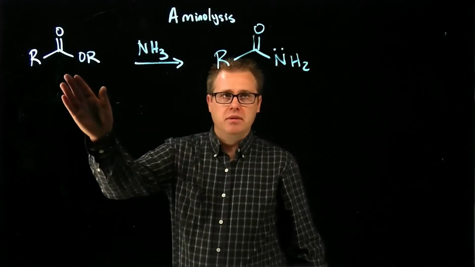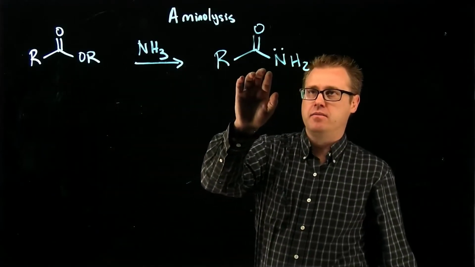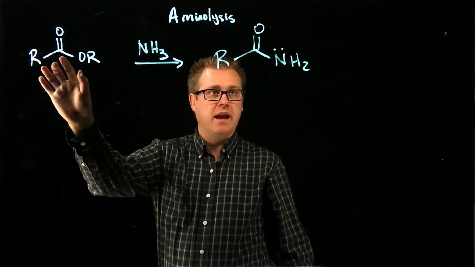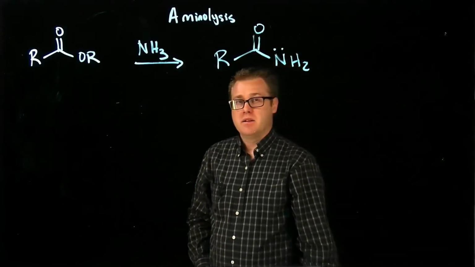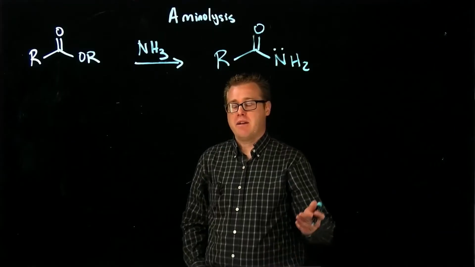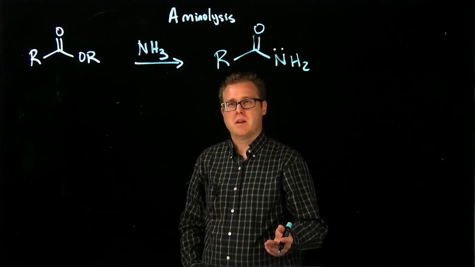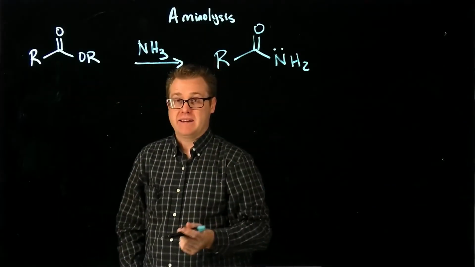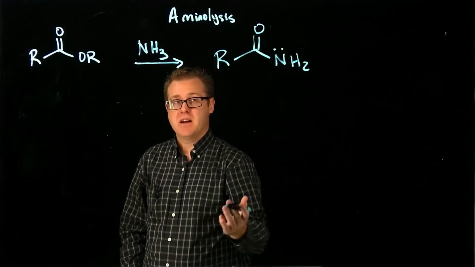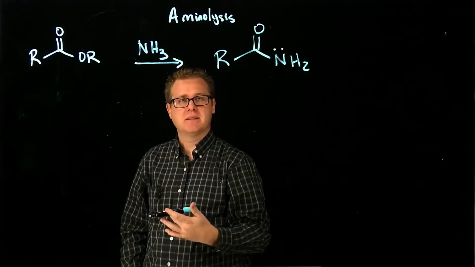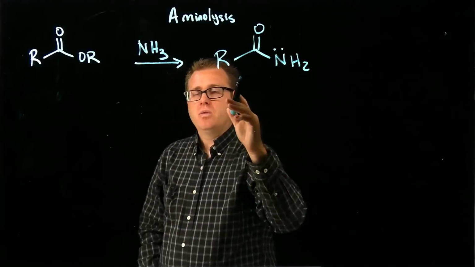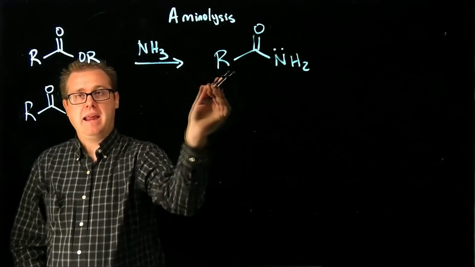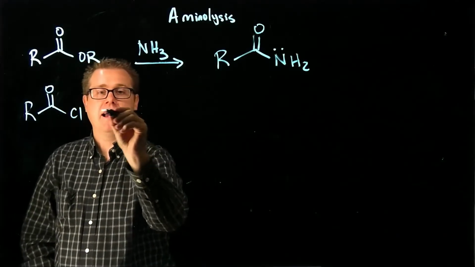At equilibrium, the amide is favored because amides are lower in energy and more stable than esters. But the process is very, very slow. So this reaction right here is not very practical. It just does not react fast enough for our purposes. So we have a faster and more efficient way to make amides, and we've already seen that reaction.